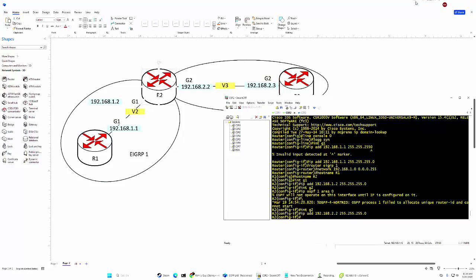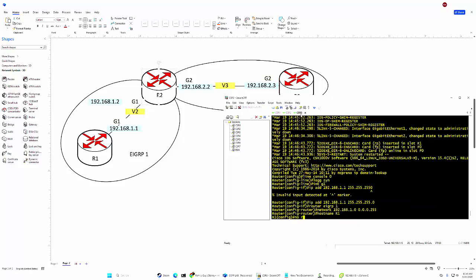Okay, and all right, so here I've got to say no router EIGRP 1.